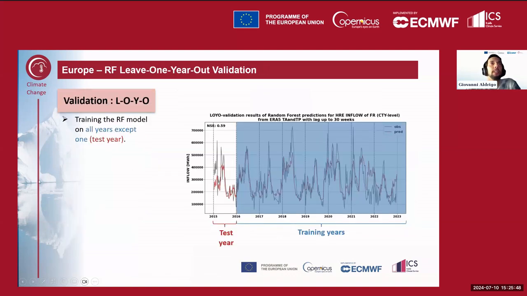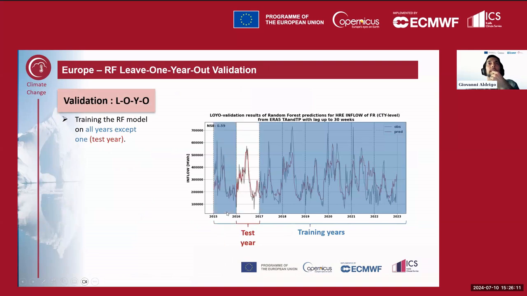So very briefly, I'll walk you through the leave-one-year-out procedure that we use for validation. We're training the model on all years of data available, again for each technology and for each country, and then testing the model on one year, which is the test year, and calculating several metrics.